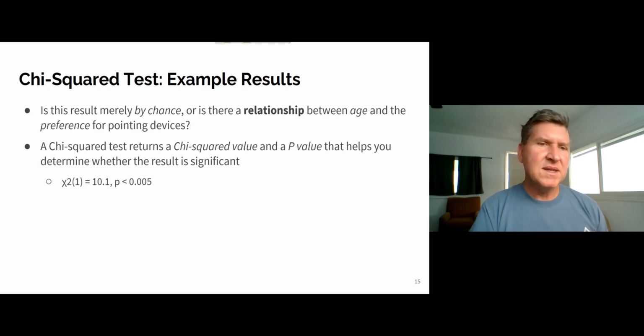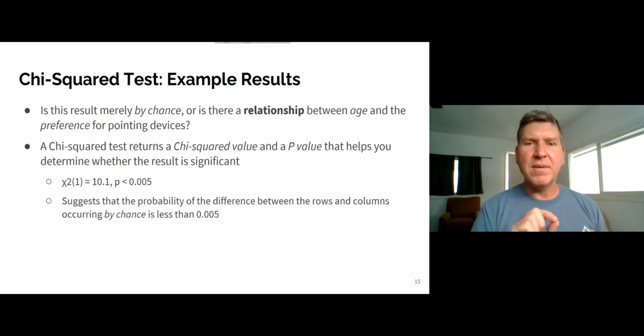That x is really a Greek letter chi, and we have the squared, so that should be a chi-squared. And you notice the 1, which means we have 1 degree of freedom. We get a value of 10.1, and then this gives us a p-value of less than 0.005.